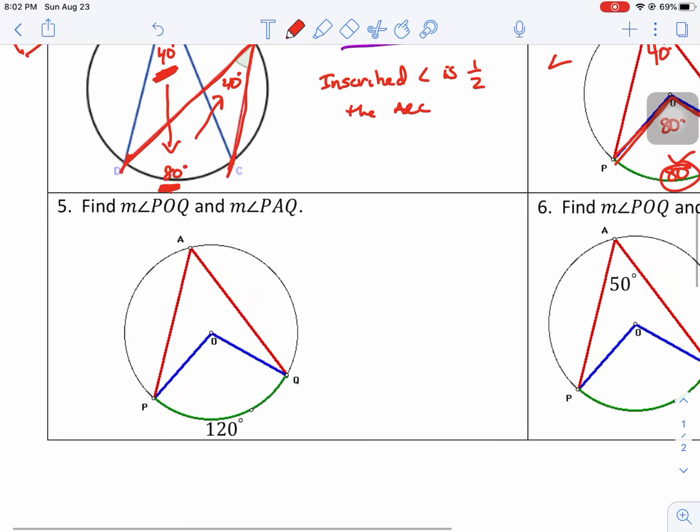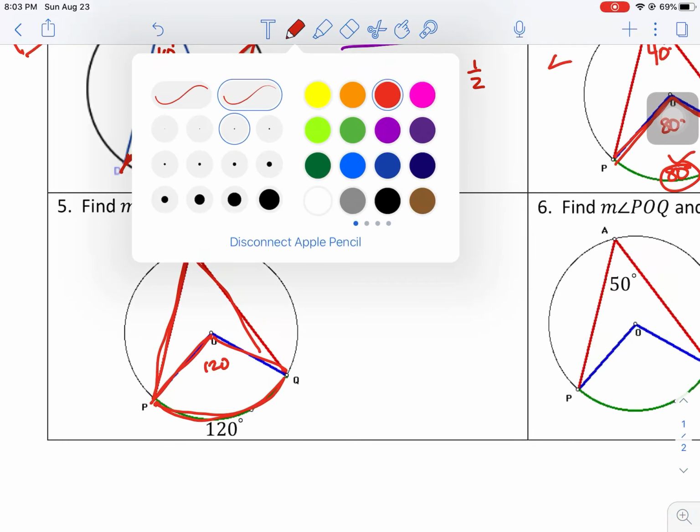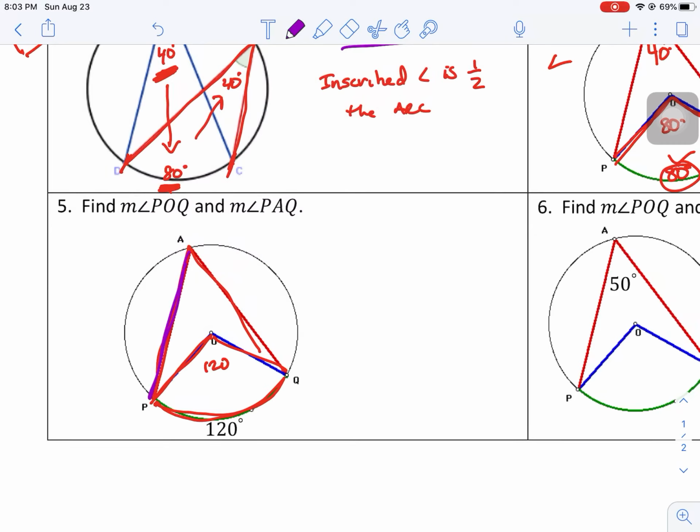So now that we know that, now they're giving us this arc, and they want you to find the central angle. And the central angle intercepts this arc. So that means the central angle is equal to the arc. So it's 120. The inscribed angle, and I'm using red, I probably should use a different color. The inscribed angle is half of the arc, 60.